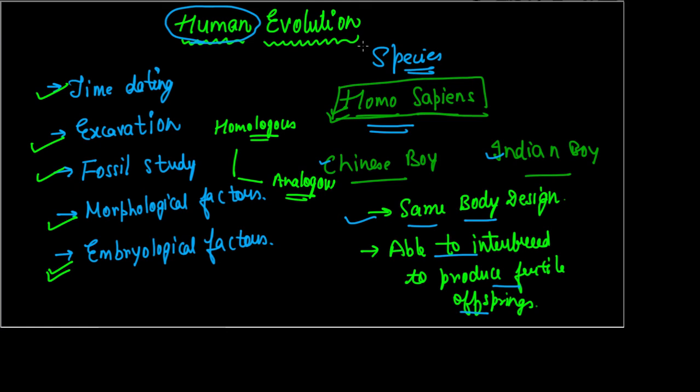Hence they are classified in the same species, Homo sapiens, despite differences in various aspects such as eye color, hair color, face arrangement, eye looks, etc. They are able to breed and produce fertile offspring amongst themselves despite these differences, and hence they have the same body design as well, the same basic body constitution. That is why we classify them in the same species, Homo sapiens.